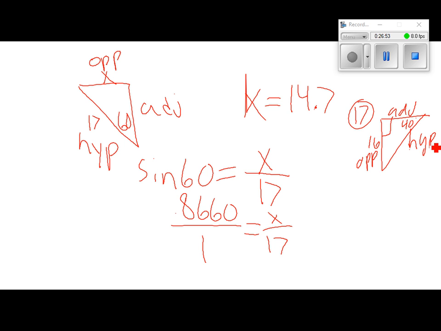Now we cross multiply. When you cross multiply that way, what's that give you? That times that, right? So just write it down. 0.7071 times x equals, cross multiply the other way, what do you get? 18. How do you get x by itself?